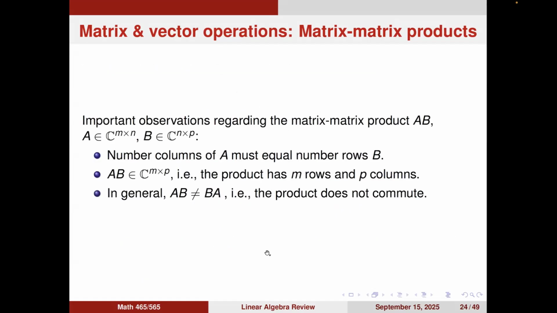We know that the number of columns of A must equal the number of rows in B. The shape of AB is going to be m by p. And importantly, and this is a bit subtle, usually speaking, A times B does not equal B times A.